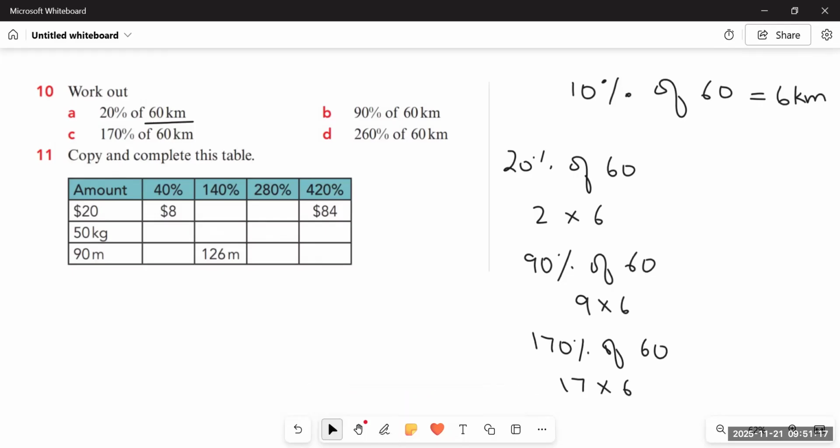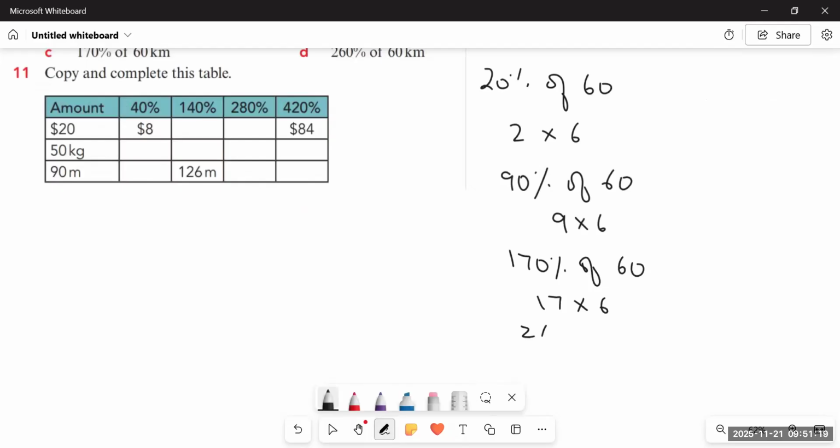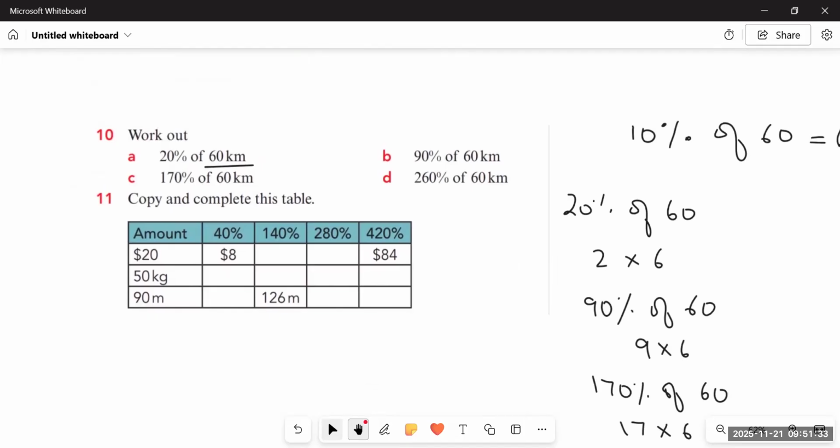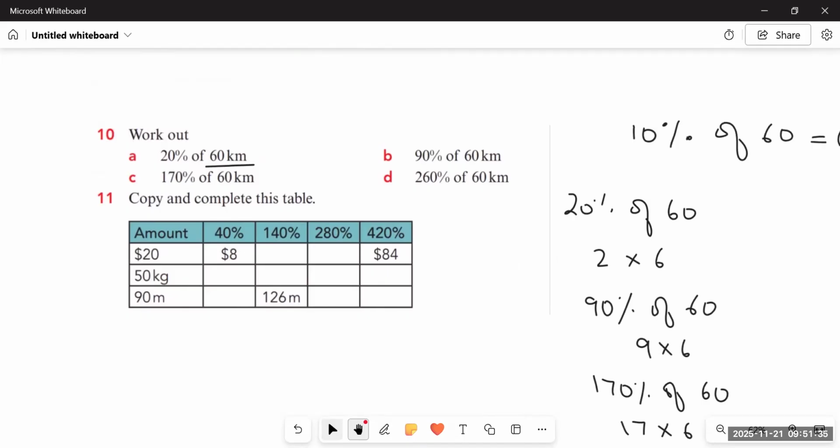And when we have to calculate 260% of 60, it would be 26 multiplied by 6. Always remember, if you are finding the percentage of any number and together the numbers have two zeros, then just cut down the two zeros and multiply the remainders. You will get your answer.